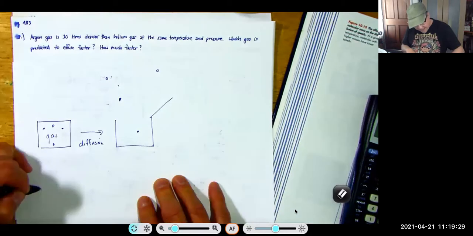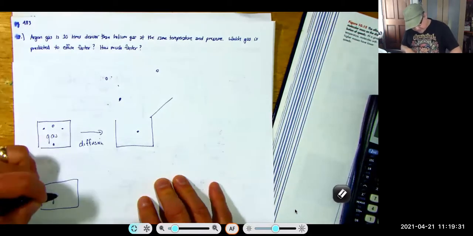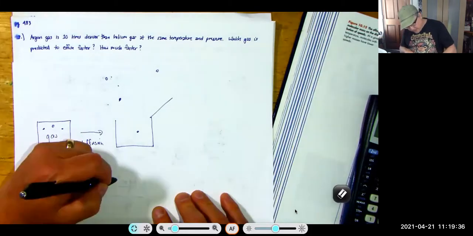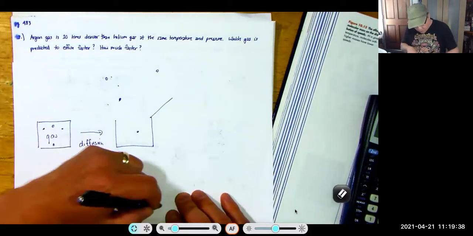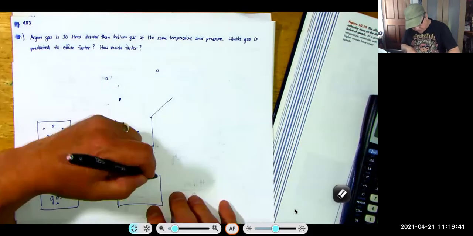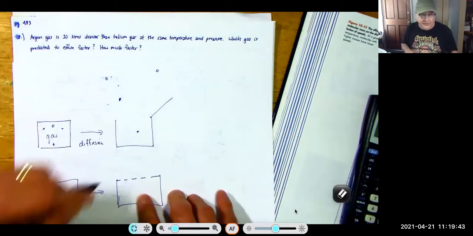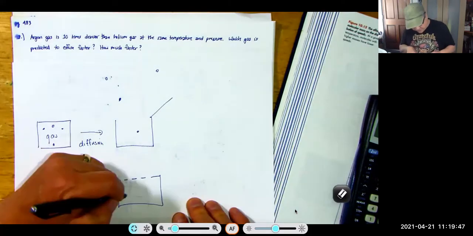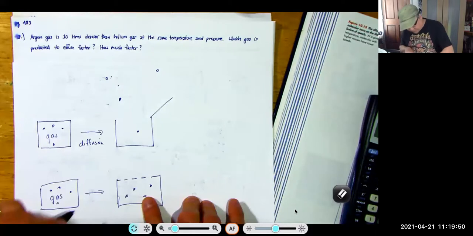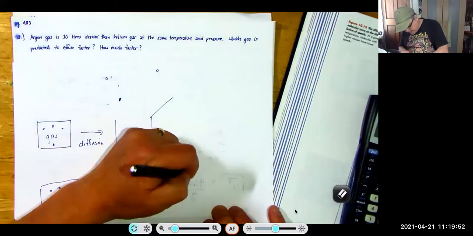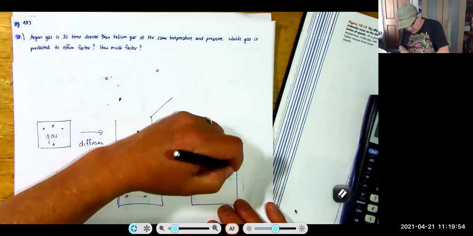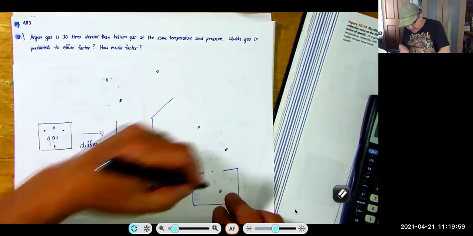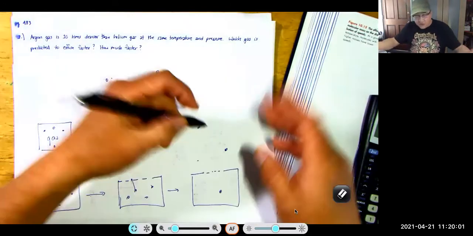If you have a gas and we have the particles in here like this, and then all of a sudden we make one of these walls porous, so there's holes in it. What's going to happen to these gas particles? They're going to make it through the holes, and eventually they will end up, maybe one is still in here or not, but they end up getting out into the room, so to speak.